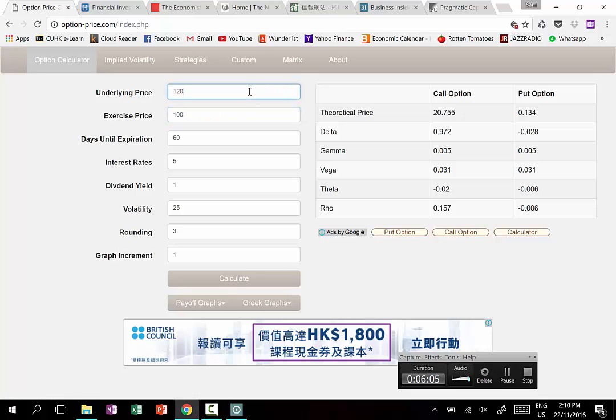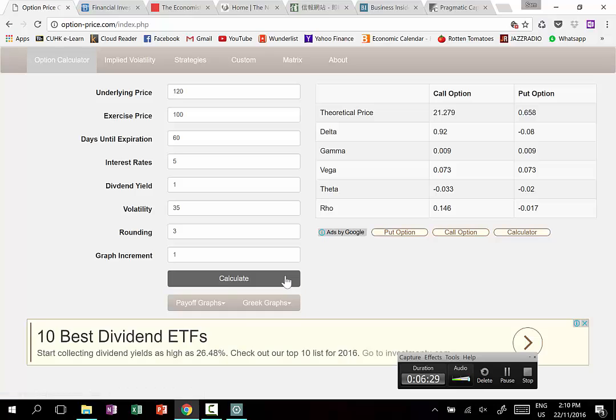In fact it has some optionality, 75 cents. Now suppose you predict that in the near future, volatility will actually go up. Let's say you have that view and you are totally convinced you are right. If you reprice this option with a vol of 35, the theoretical price now jumps to 21.27.